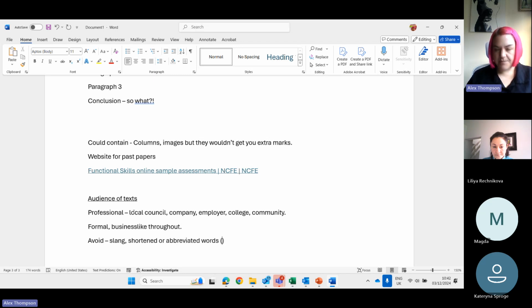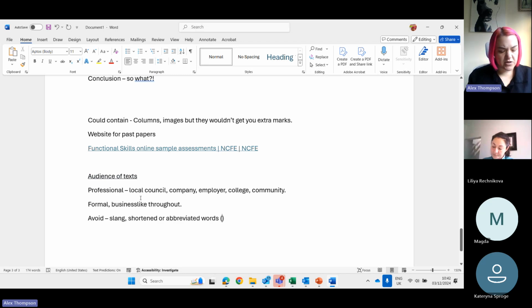For example, I marked an exam this morning and the person wrote the shortened form instead of the full words. This is very informal. In your English exams, you are showing off your English skills. You are showing us the best possible way that you can write. Therefore, don't do the shortened versions. Always write the full words. So you would avoid slang, shortened or abbreviated words.